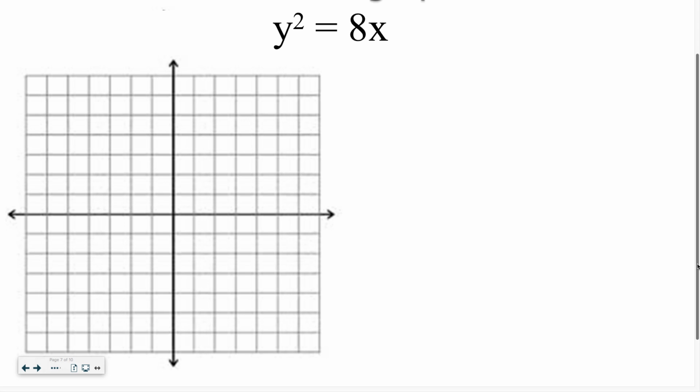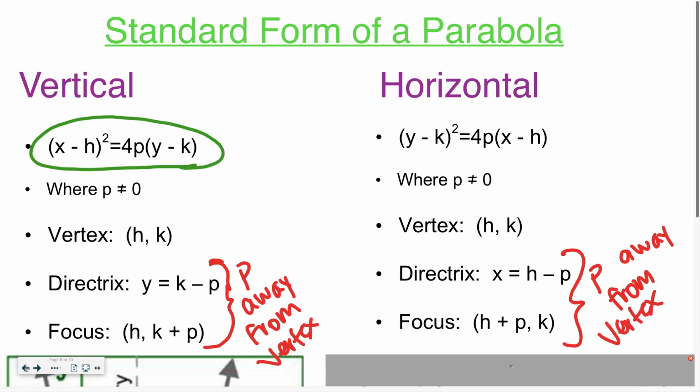First of all, is this in standard form? It doesn't look like it, because we don't have the minus h and the minus k. What about the p? Is the p the x? The 4p is the 8. So let's come back over to here.